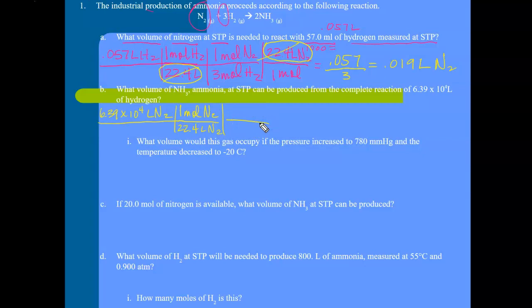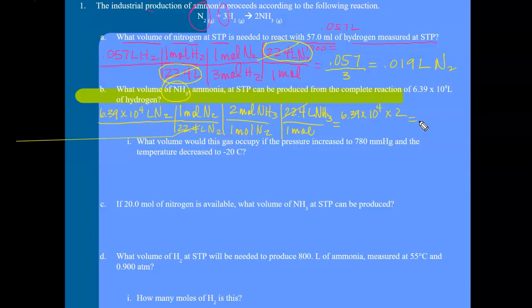And I'm going to use my mole ratio, which is 1 mole of nitrogen, and we're solving for NH3, which has a 2 in front of it, so 2 moles of NH3. And then finally, we're going to multiply by 22.4 liters of NH3 to finish, which, as you know, will cancel. So really all I end up with is 6.39 times 10 to the 4 times 2 for my answer, because it doesn't have anything else.